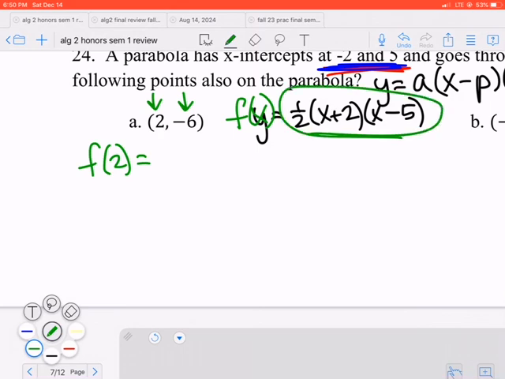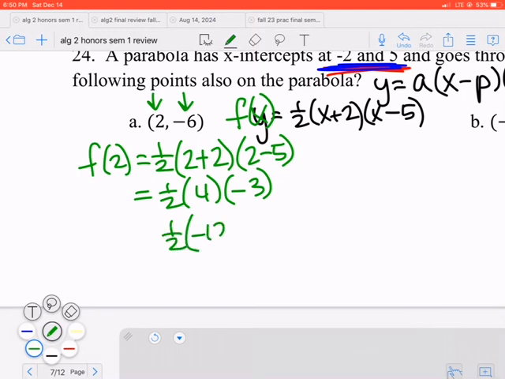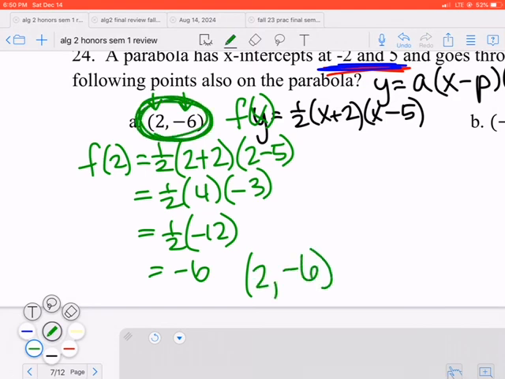So I'm plugging it in there. 1/2 times (2 plus 2) times (2 minus 5). 1/2 times 4 times negative 3. 1/2 times negative 12 is negative 6. So when we input 2, the output is negative 6, and that is yes, so yes on this one. It is a point on the parabola.